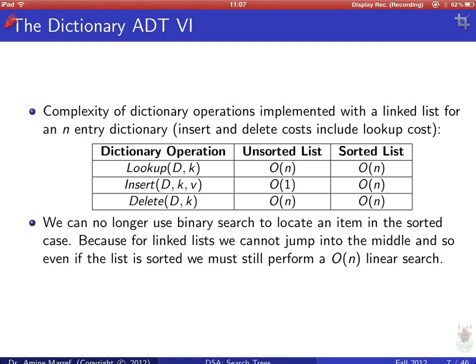Because before deleting, we need first to find the item we want to delete. So lookup is part of delete when we talk about dictionary operation. When we talk about the linked list as a concrete data structure, we separate the actual deletion from the time it takes to arrive to the element to be deleted. So that's something we have to be aware of.